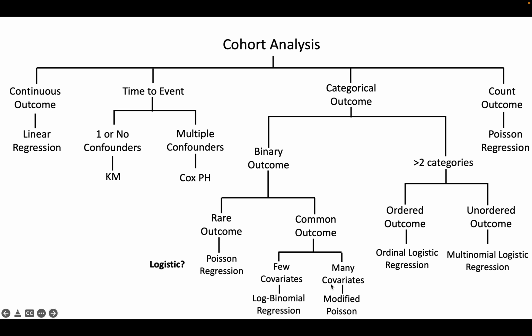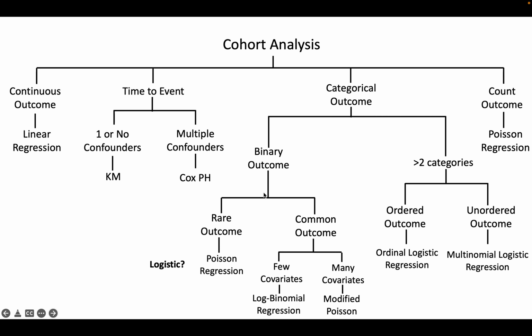But when there's many covariates, log binomial might not converge. The model might not work, and in that case, you can do modified Poisson. The reason Poisson can be used for rare outcomes is because even though it's not a count the way Poisson is typically used, a binomial distribution starts to resemble a Poisson distribution the rarer the event is.